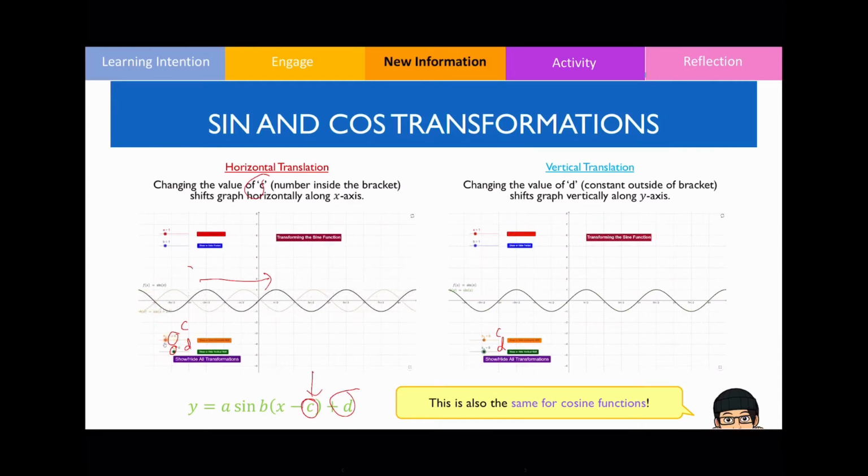But when I make the C value negative, then it's going to be moving my graph in this direction instead. Notice over here, when I'm increasing the value of D, it's moving the graph up, and that's shown over here. But as you make it negative, then you're going to be moving it down.